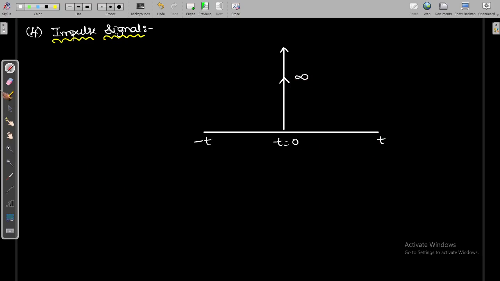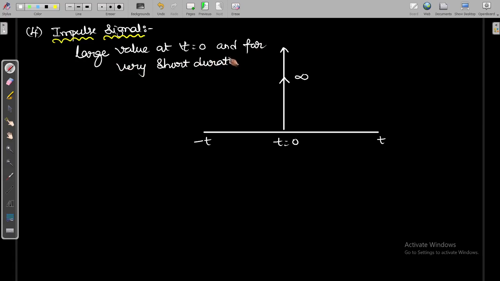It is called the impulse signal. We can define it as a large value at t equal to 0 for a very short duration.